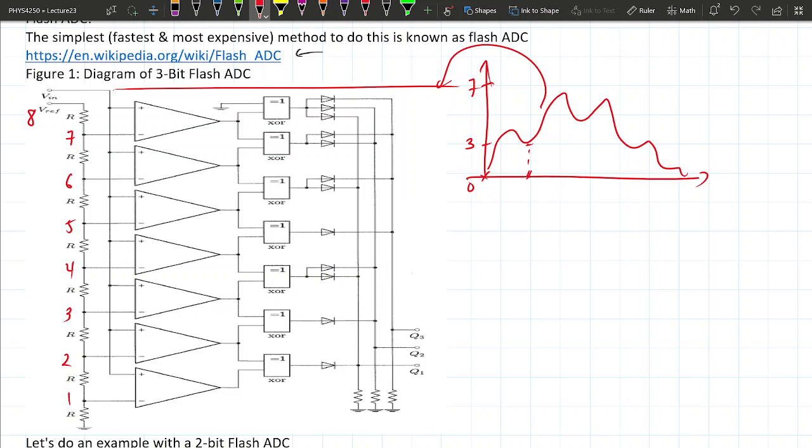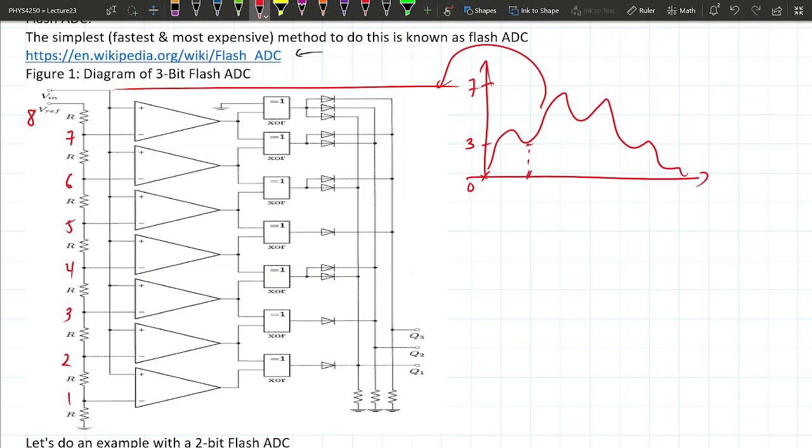But what that means is that this comparator is going to swing high, and this comparator is going to swing high, but the rest of them are going to be low. No output from 0 volts. What happens is that when these are high, this is an exclusive OR. Sorry, this XOR here hopefully is readable.